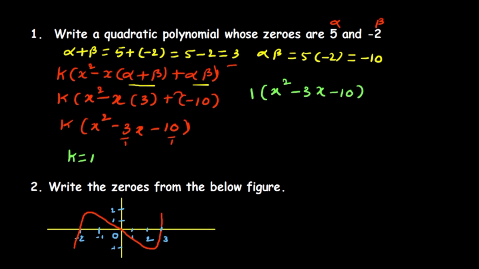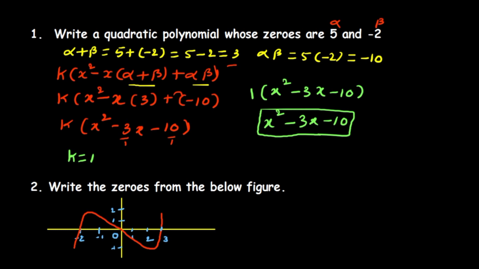If you multiply this complete polynomial with 1, you will again get x square minus 3x minus 10, because 1 into 1 is 1, 1 into 2 is 2, 1 into 3 is 3, 1 into 4 is 4. So 1 into x square minus 3x minus 10 is x square minus 3x minus 10. So this is the required quadratic polynomial for the given zeros. Okay, so it's a very important model.